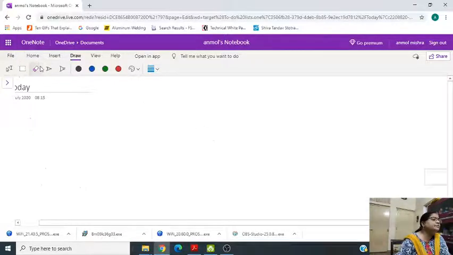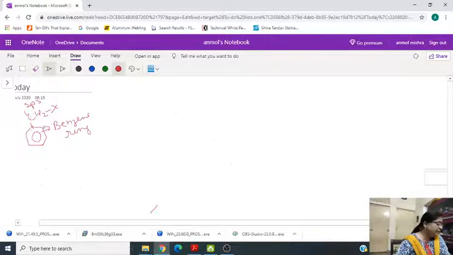For example, now you can see here that this carbon is sp3 and just adjacent to it a benzene ring is present. So it is called benzylic halide.